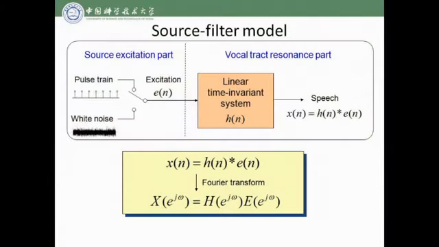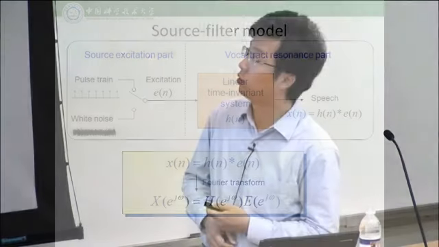So mathematically, we can construct a vocoder using this kind of source filter model. It consists of a source excitation part and a vocal tract resonance part. In the source excitation part, we have the excitation signal e(n), which is either a pulse train or white noise.